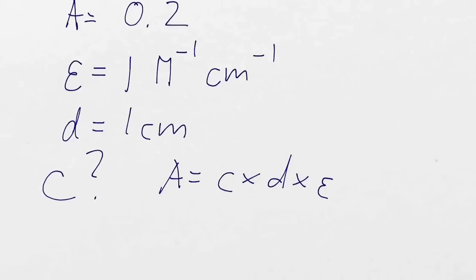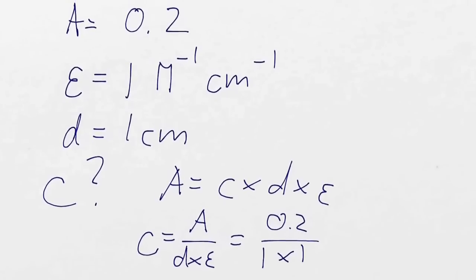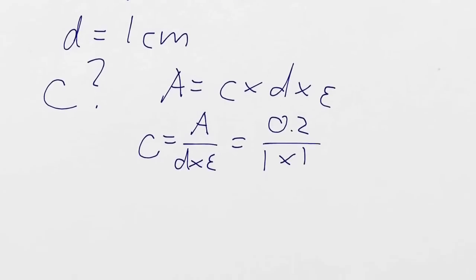We can very easily rearrange this equation and get C equals A divided by D times epsilon, equals 0.2 divided by 1 times 1, and that gives us a concentration of 0.2.